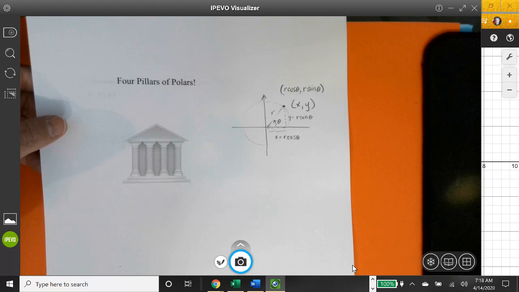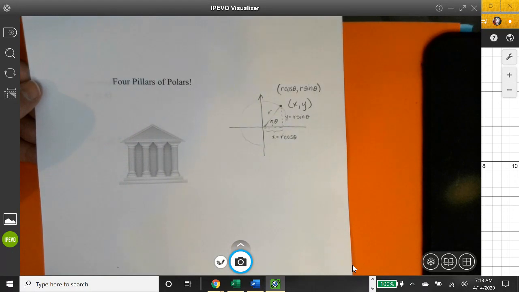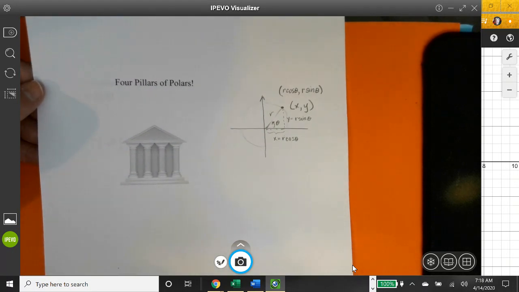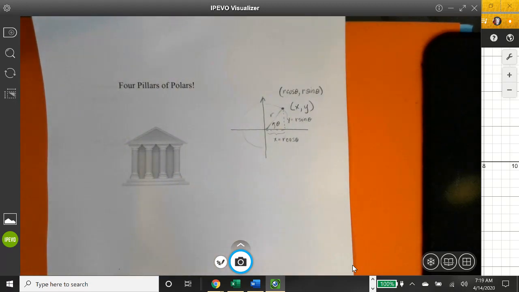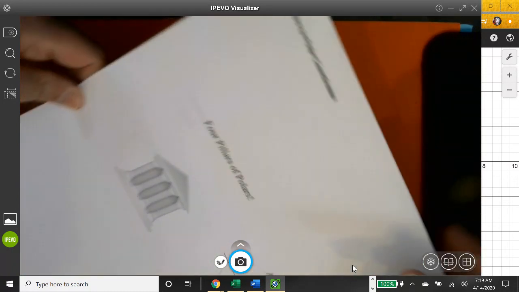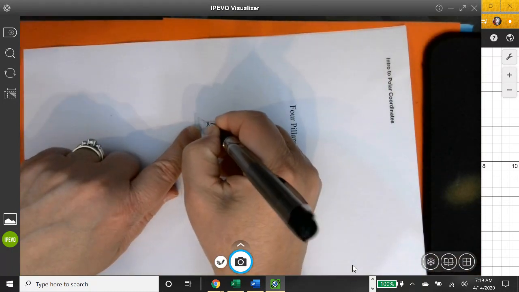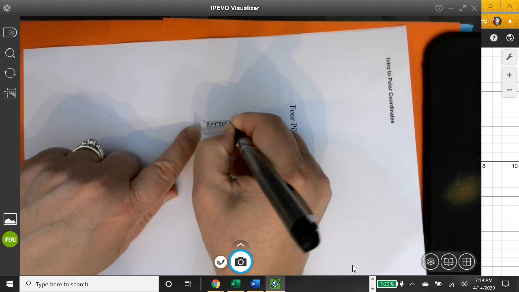Now, what do I mean by that? I like to have some alliteration so we can have some fun. Oh, because math is fun. We like to do that. I'm trying to find a different color here. Oh, well, black it is. So I'm going to turn my paper this direction. The first pillar is, well, we know that x is equal to r cosine theta.